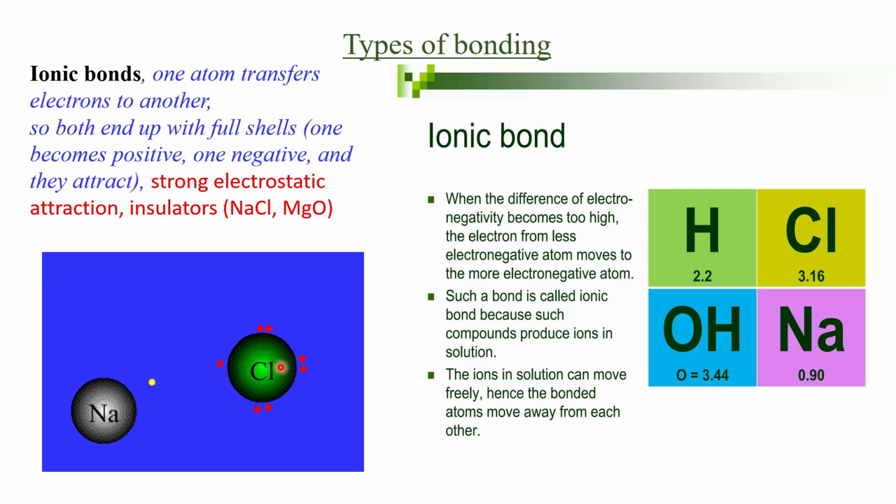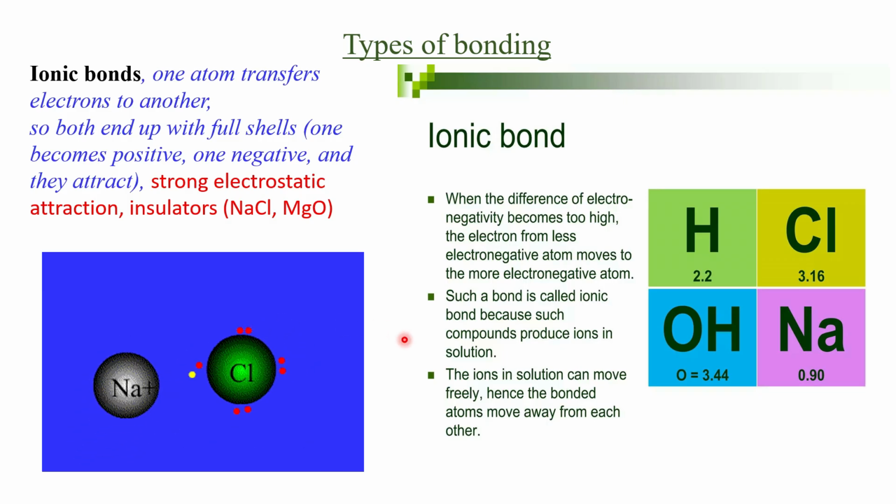The bond itself is the electrostatic attraction between these oppositely charged ions. Because electrons are localized around ions, ionic solids generally do not conduct electricity in the solid state, making them good electrical insulators.